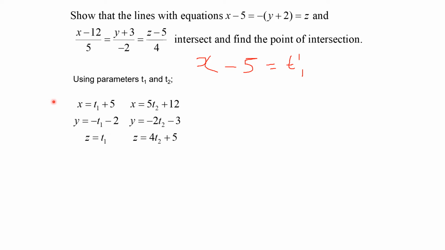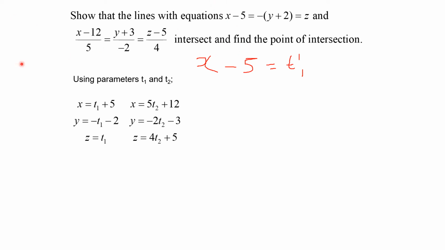Then you repeat the same procedure for y and z, equating to t1. So you will get x equals t1 plus 5, y equals negative t1 minus 2, and z equals t1 for the first line.